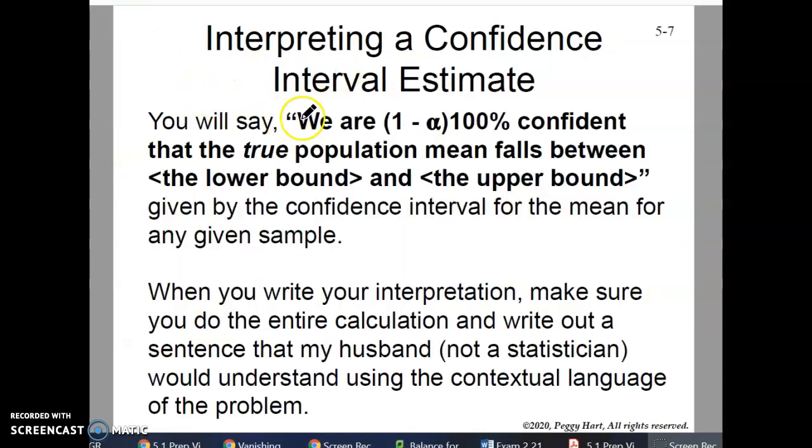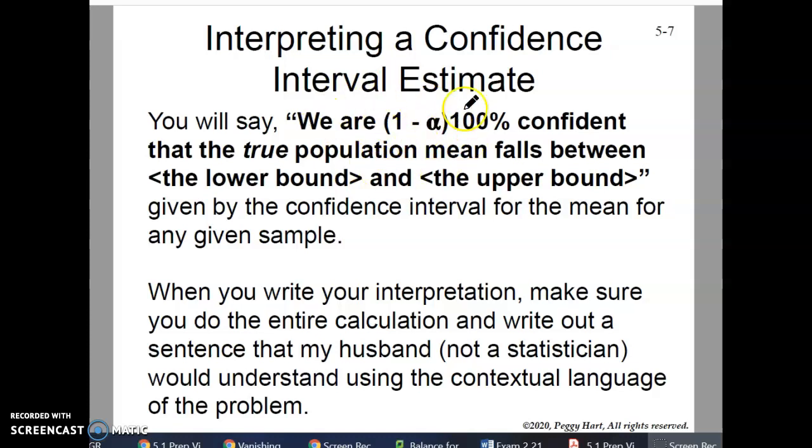Before we do that, I just want to make it clear that I'm really going to expect you to interpret these things well. The book won't always have you do that, but I do. I think it's really important that you understand what you're saying when you're doing something technical. You're going to have a confidence level.